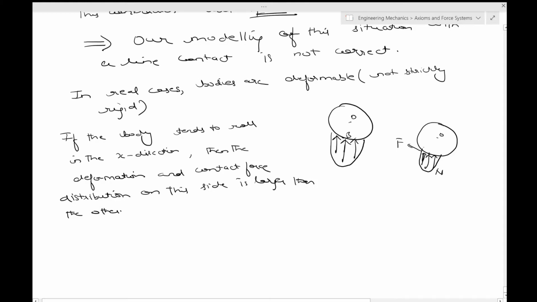So what happens is that this will actually be more on this side, which is A, compared to somewhere over here, which is C. So over A you will have more forces acting, just because it is trying to roll down in this particular direction. So the resultant normal force N does not act at an ideal point of contact B, but acts at a point A which is at a distance E ahead of B. Okay, so this distance is E ahead of B.